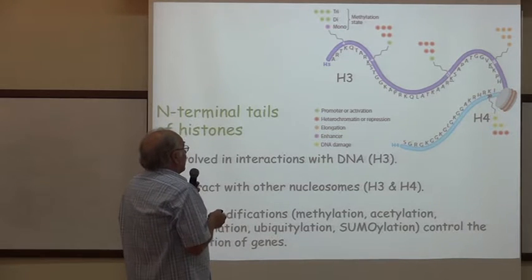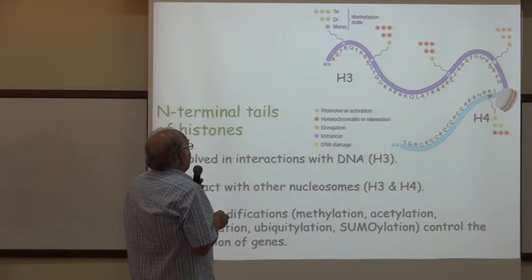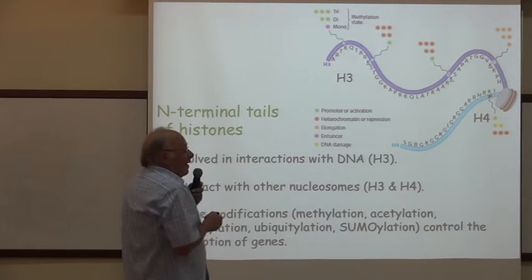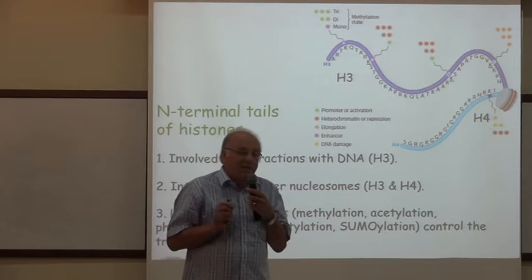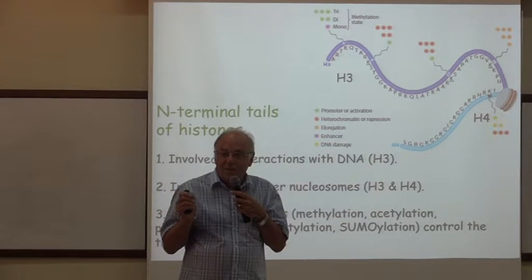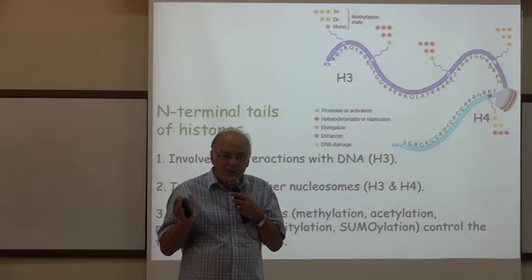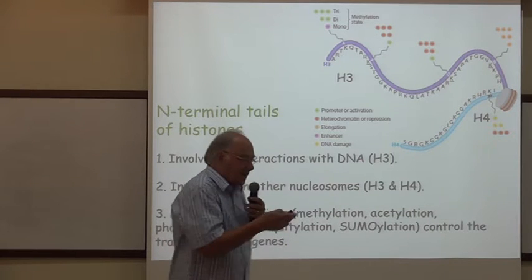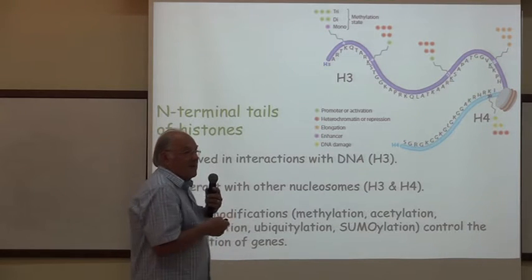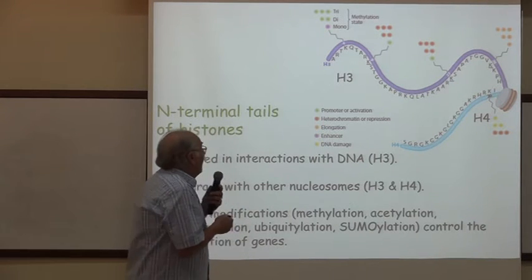Lysines and arginines, as a matter of fact. So here is lysine number 4 in histone 3. And if you remember, I said these amino acid sequences in the histones are very highly conserved from one species to the next. So lysine 4 is probably lysine in most species.